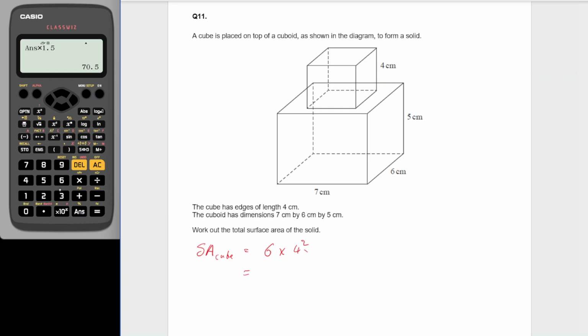So it's going to have a total surface area of 6 times 4 squared. So it's going to have a surface area of 96 centimeters squared. And then the surface area of the cuboid, could have called them A and B, couldn't I? Of the cuboid is going to be equal to 2 lots of each of the dimensions. So 2 lots of 7 times 6 plus 6 times 5 plus 7 times 5.